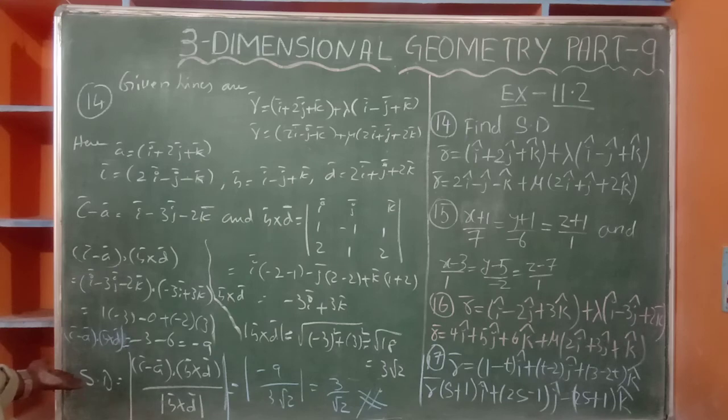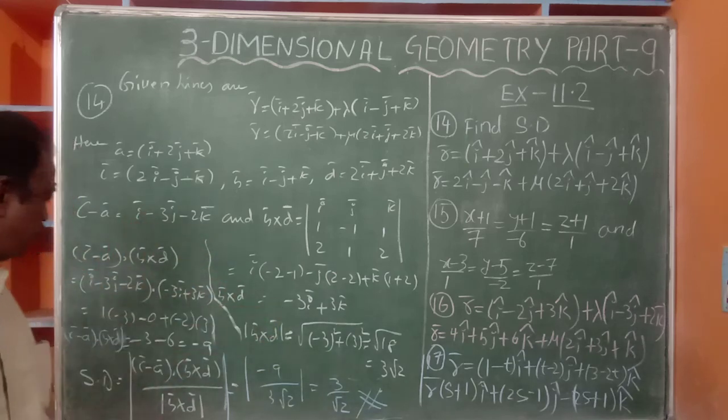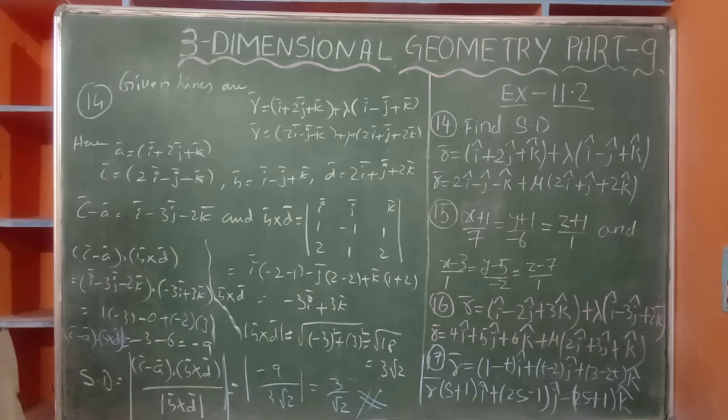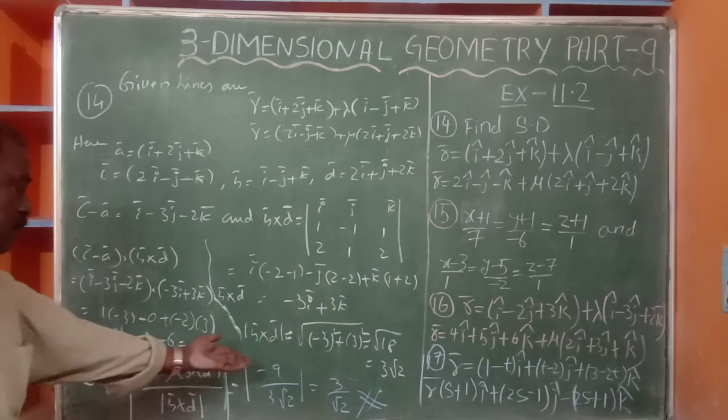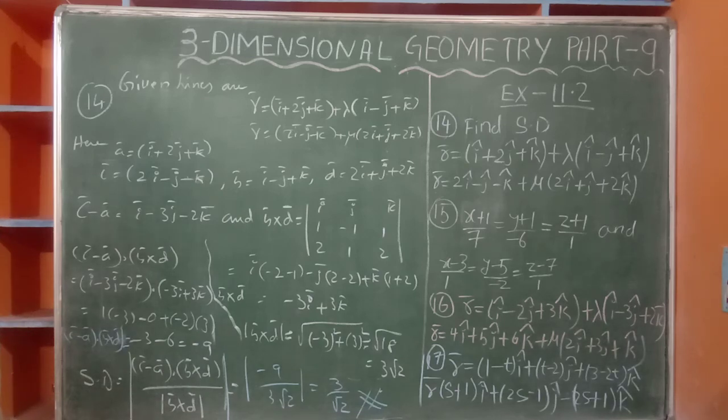In SD, we also have to find C bar minus A bar dot B bar cross D bar, this vector dot this vector. We get one number. By using that formula we get the answer. Is it clear?